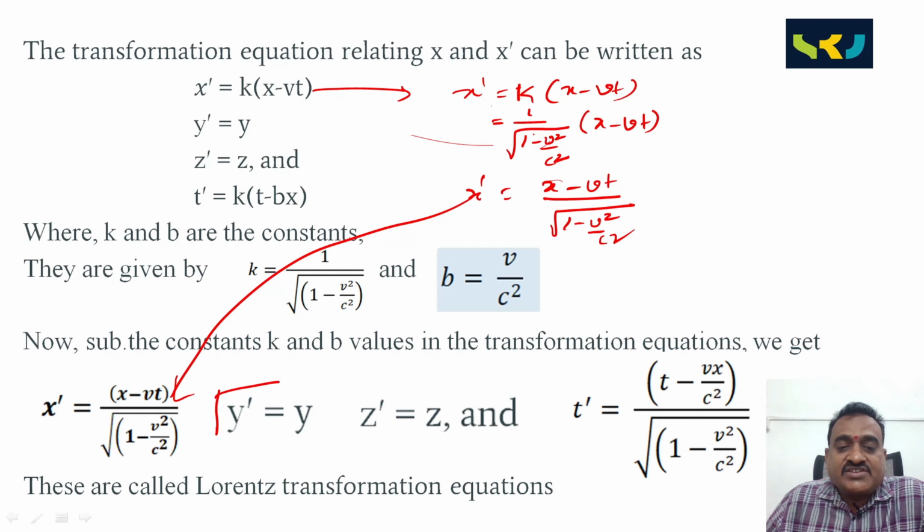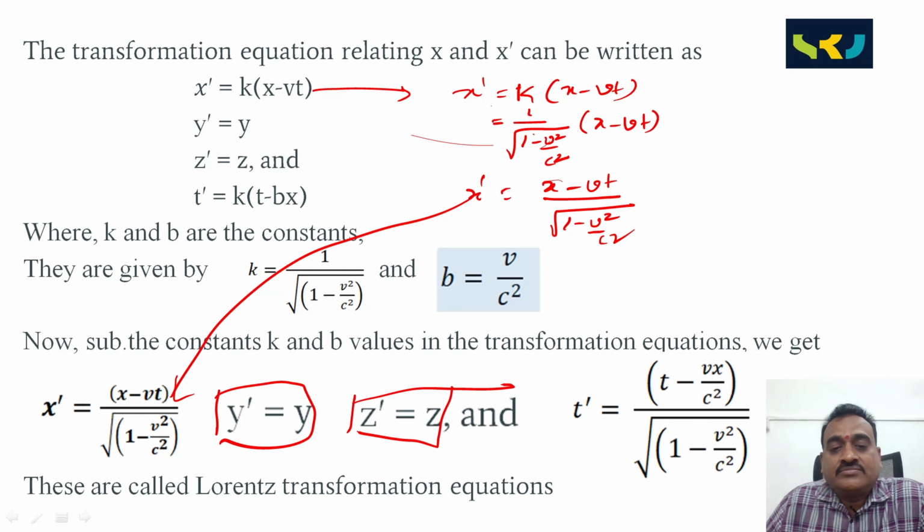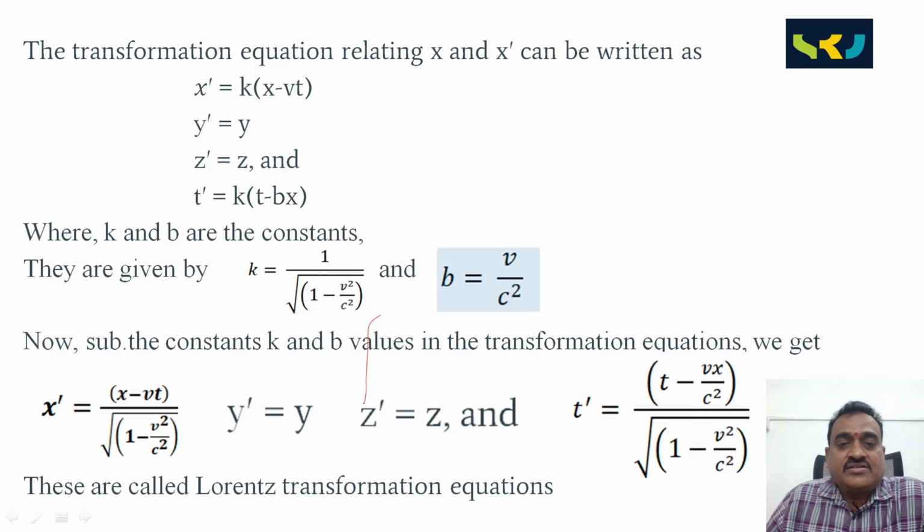So, y dash is equal to y, there is no change in the Galilean transformation and the Lorentz transformation equation. Here z dash is equal to z, but for t dash, I am substituting: t dash is equal to k into t minus bx.